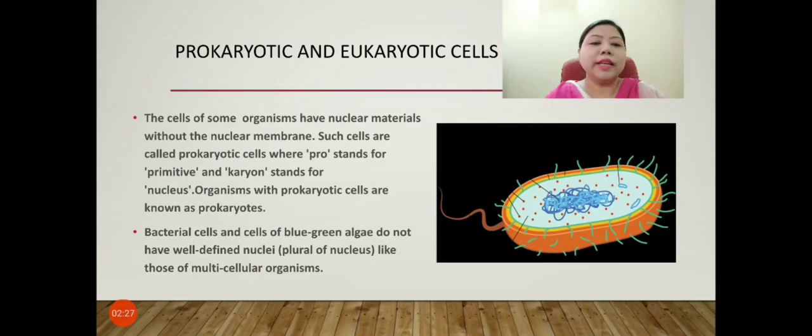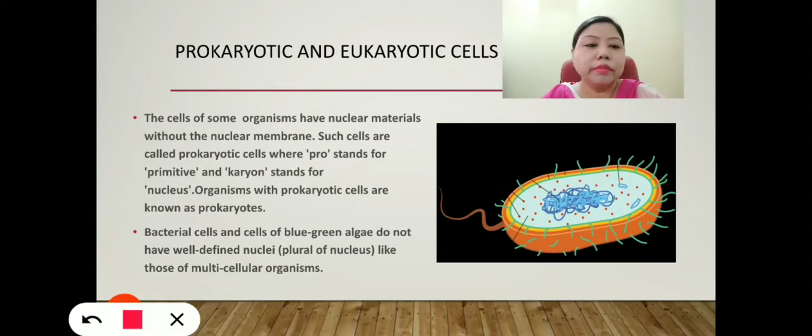In the slide you can see a picture of a bacterium, and if you look at the center of the cell, you will find some thread-like structures. These thread-like structures are the nuclear material, and if you observe properly, you will find that the genetic material is not enclosed within a membrane.